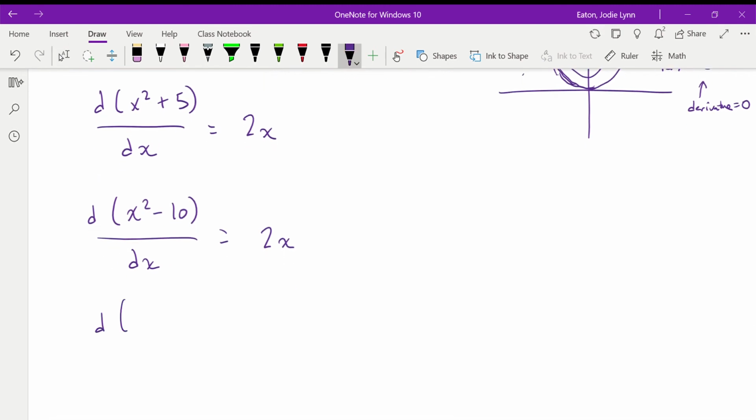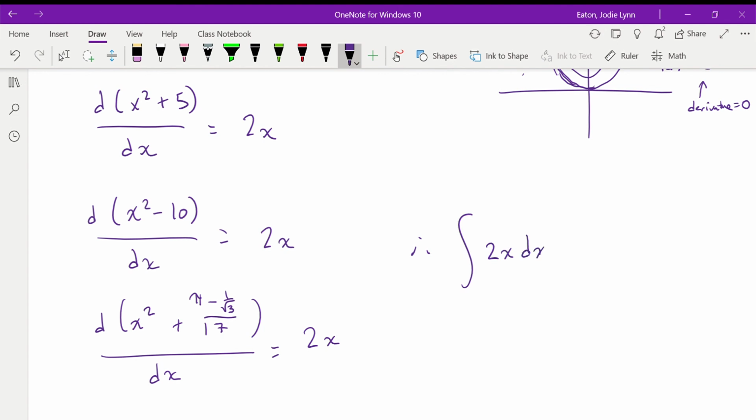The derivative of x squared plus pi minus 1 over radical 3 divided by 17 dx is also equal to 2x. So the integral of 2x dx is equal to x squared plus c. And it is just any constant, so we don't know.